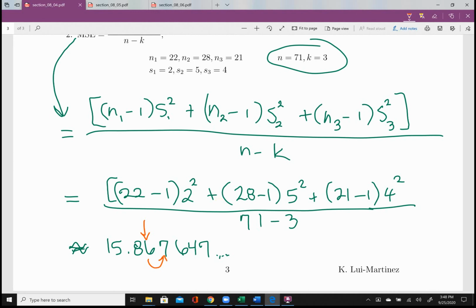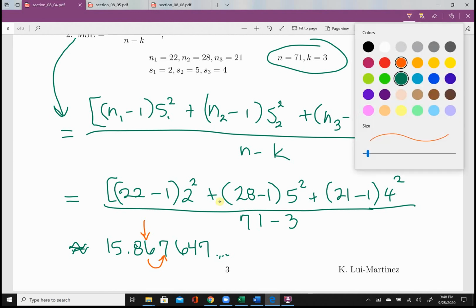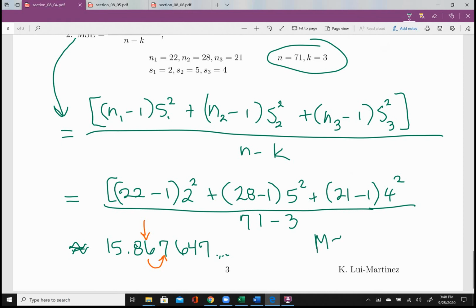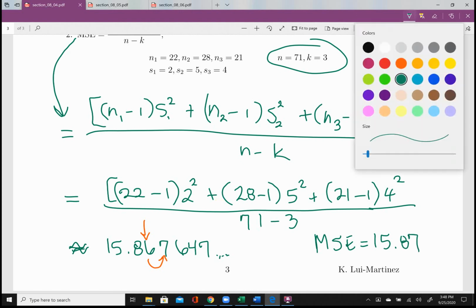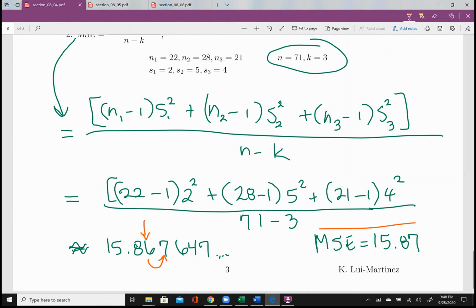We're going to bump up by 1. So MSE is equal to 15.87, rounding to the nearest second decimal place. And that's a wrap on section 8.4.